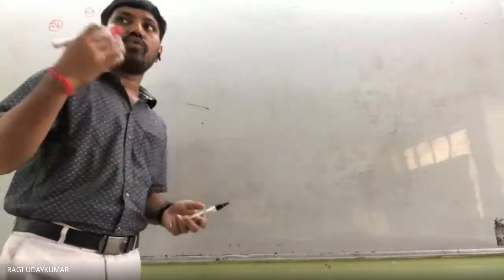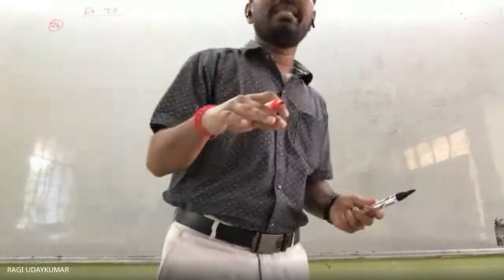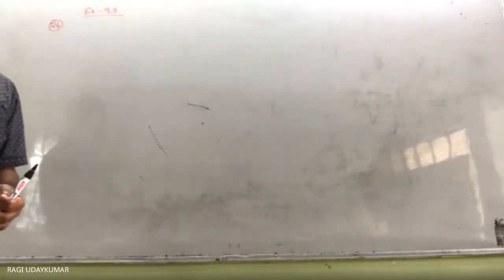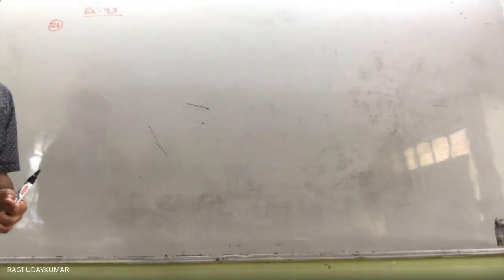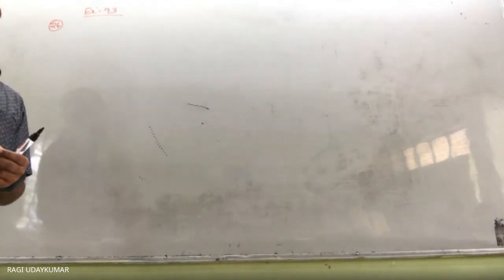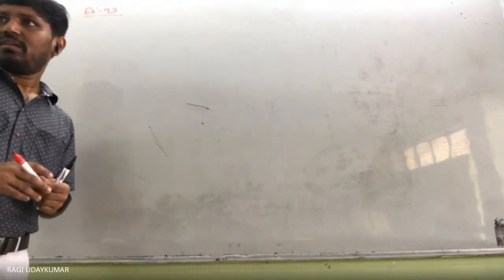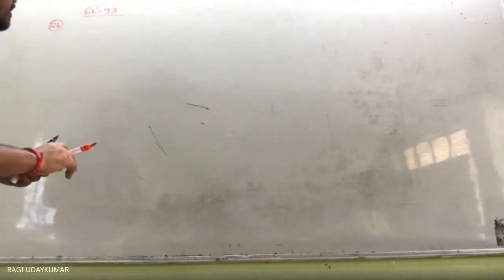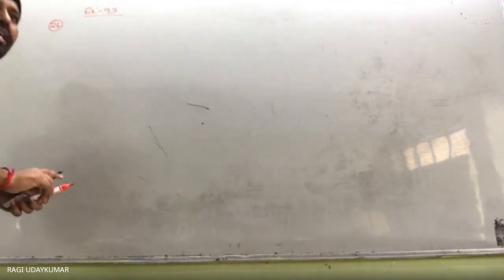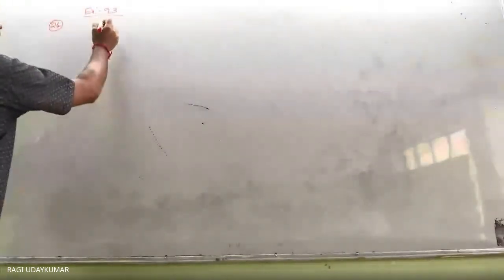So n plus 1 to 2nth term, how many terms will be there? There are also n terms. The number of terms is n, but in that the first term is different and the common ratio is same. So here we need to prove the ratio of the Sn.